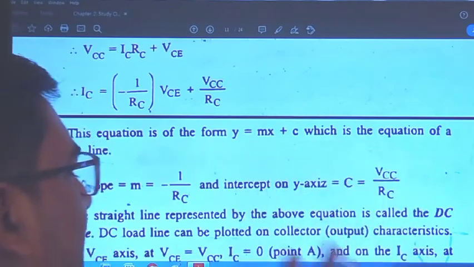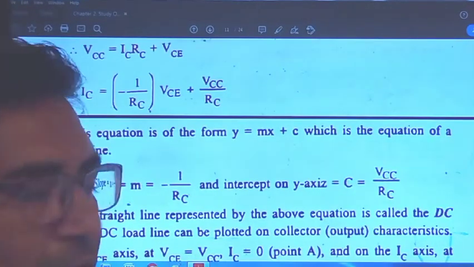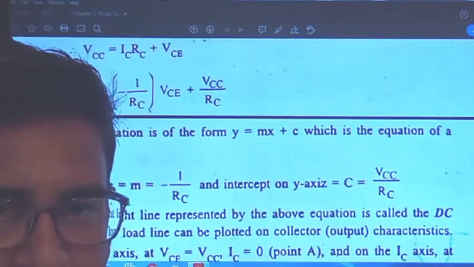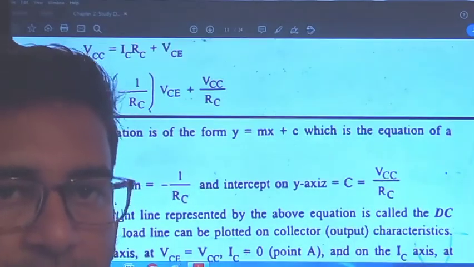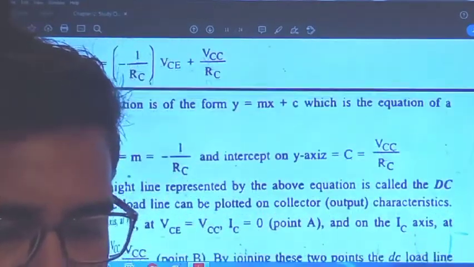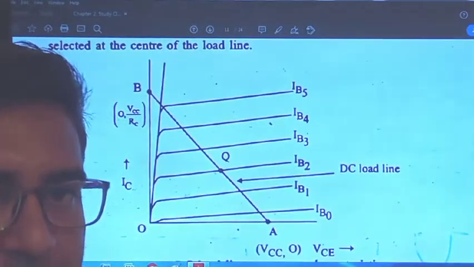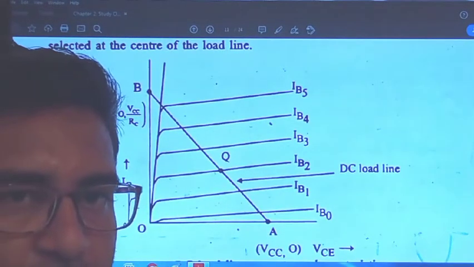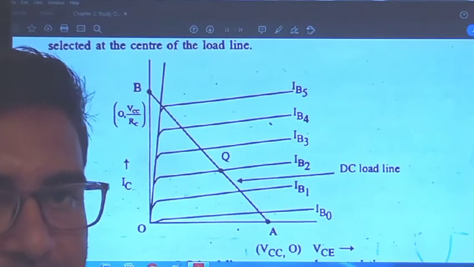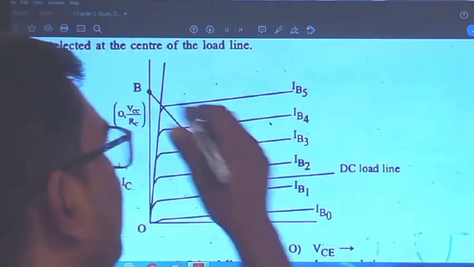The straight line represented in this circuit is called a DC load line, and it is always drawn with the output characteristics of the transistor.